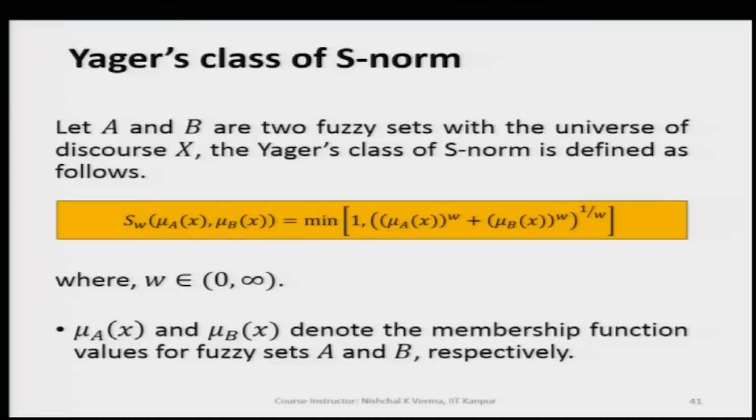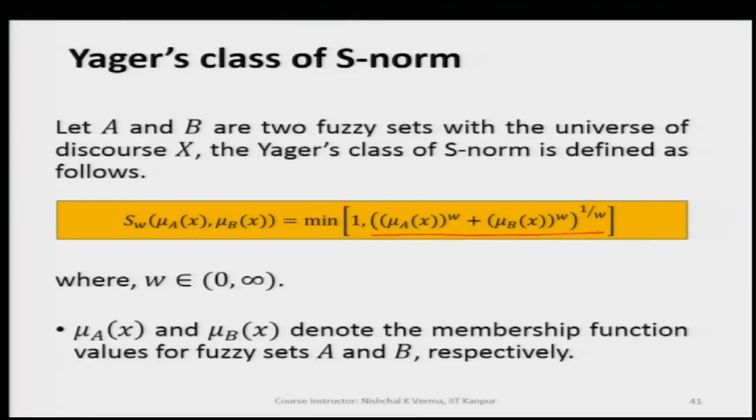If we have a fuzzy set A and a fuzzy set B, we will have the corresponding membership values mu A of x and mu B of x. When we apply Jaeger's class of S norm on these two membership values, the result will be equal to min of 1 and (mu A of x raised to the power w plus mu B of x raised to the power w), and then the whole raised to the power 1 over w.